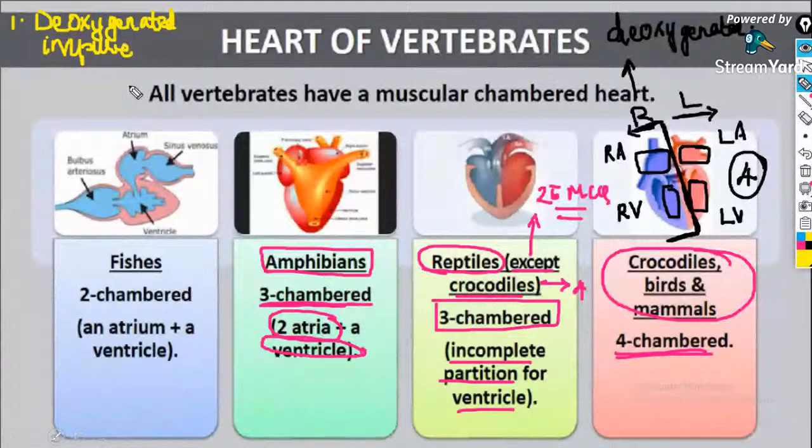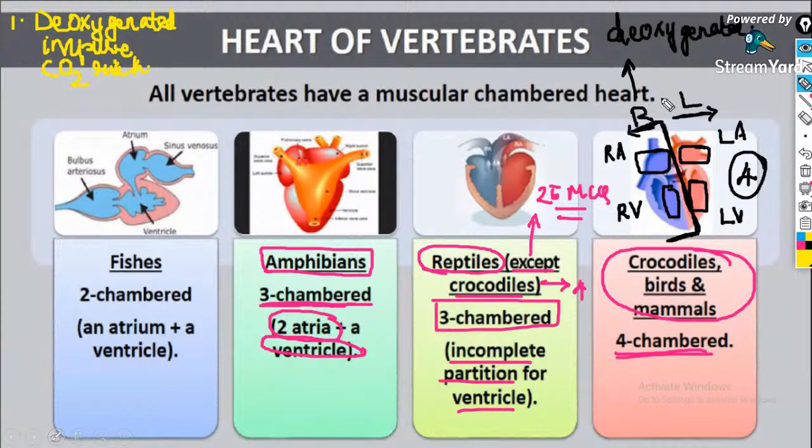Sometimes they will ask deoxygenated blood, or impure blood, or carbon dioxide rich blood, CO2 rich blood. Absolutely, Anirudh Nila, perfect.